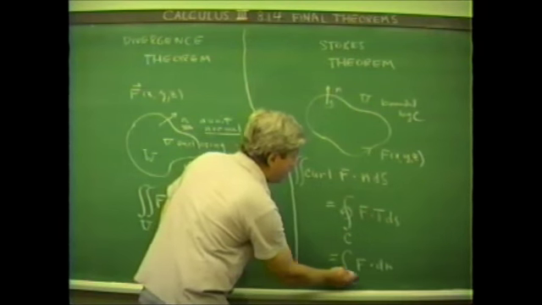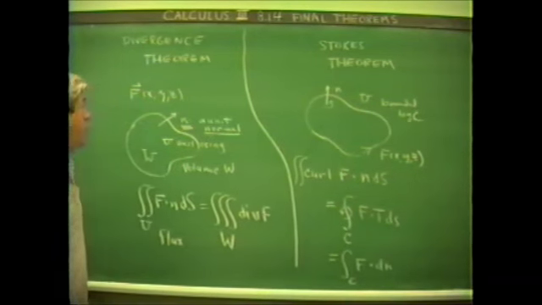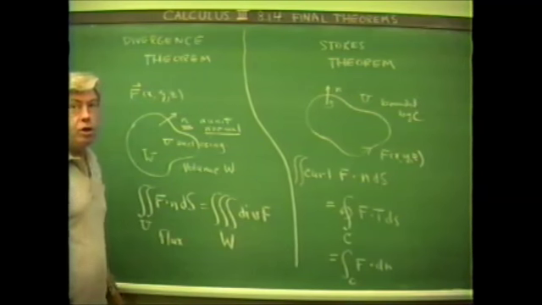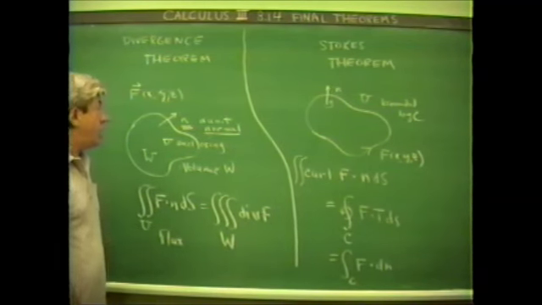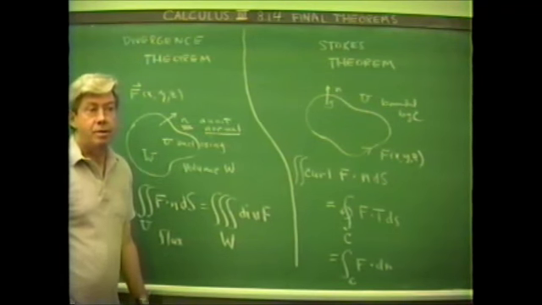That's to say, by integrating F dot dr around C. Now, both these theorems are too complicated for us to really do any justice to, and they certainly suggest that a more advanced class in calculus is something that can be done.